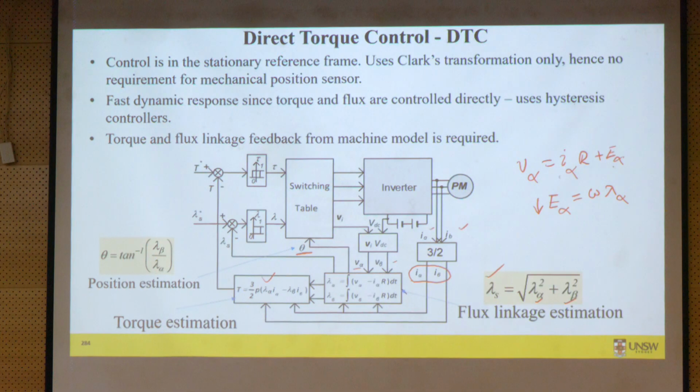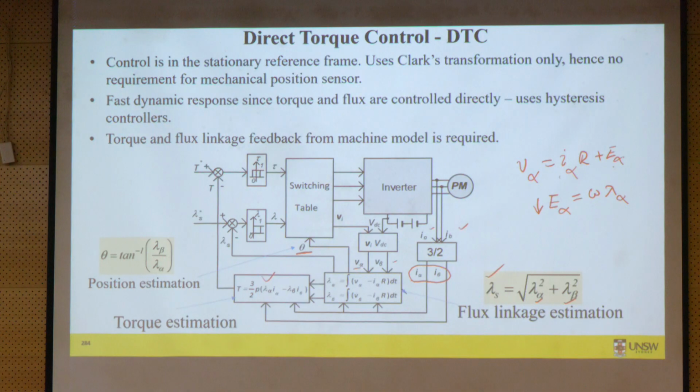Your theta estimation is then dealing with a very, very small signal, so your noise and your real signal, you cannot separate them, right? So estimation becomes very difficult at low speed. Okay, that's the issue for sensorless control at low speed when it depends on this back EMF.